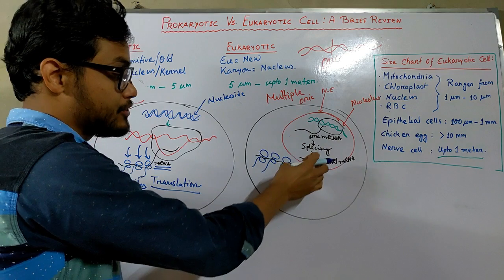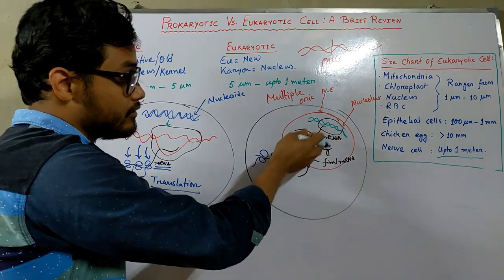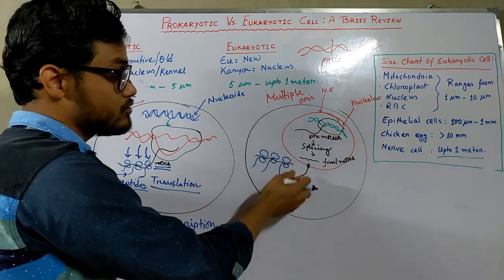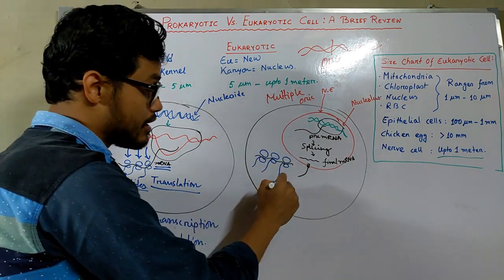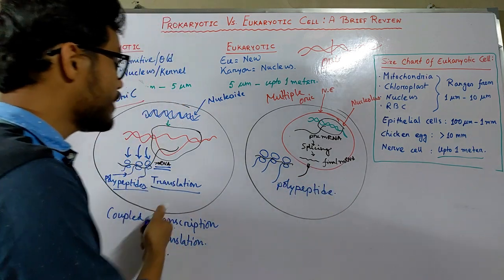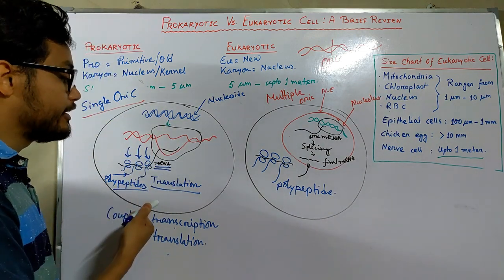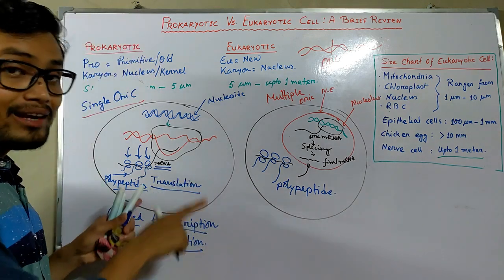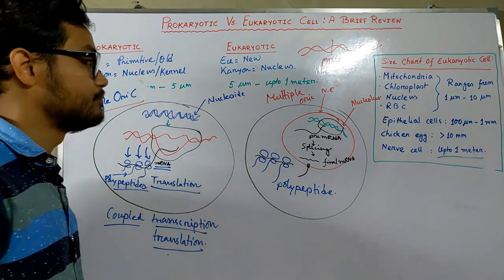After completion of transcription, processing of pre-mRNA is needed, and then the final mRNAs come out from the nucleus to the cytoplasm, and then ribosomes bind to this mRNA and produce a polypeptide chain. But in prokaryotes, transcription and translation occur simultaneously, so it is known as coupled transcription-translation. This is the main point that differs between prokaryotic and eukaryotic transcription and translation.